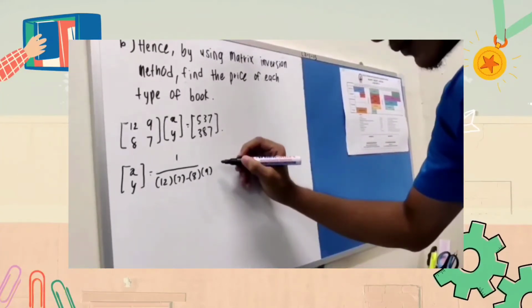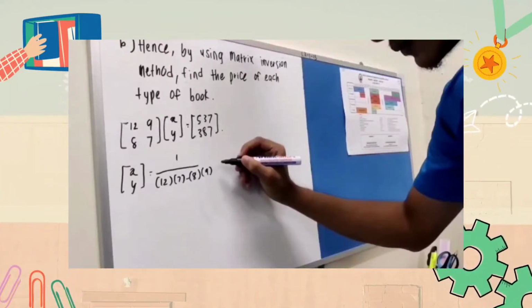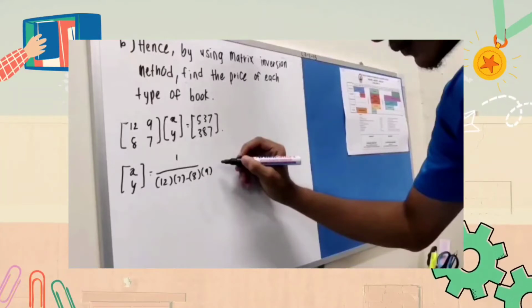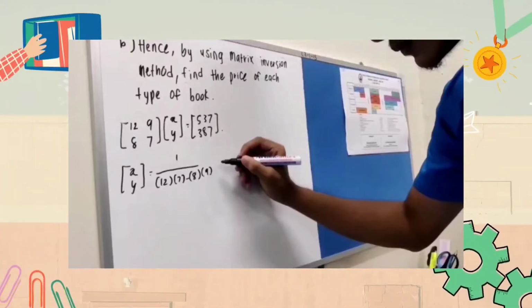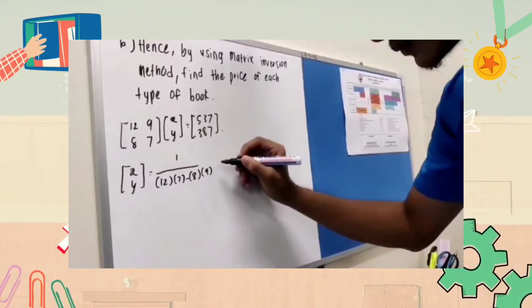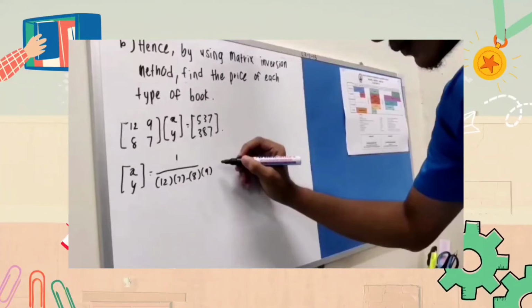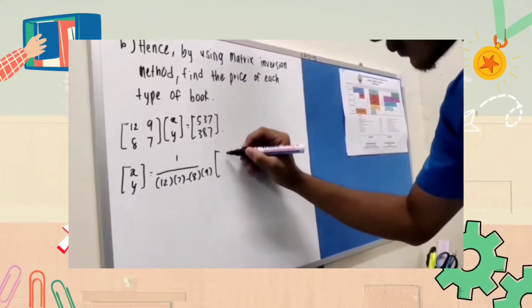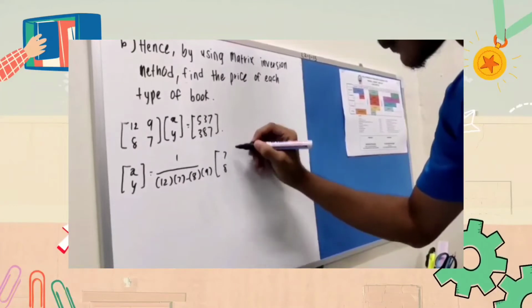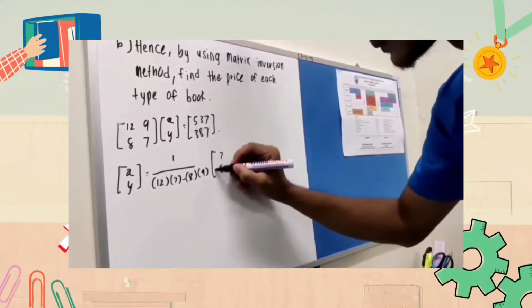Okay, we will put the numbers of A and D, which we change to 7 and 12, and B and C we will put a negative. The answer is 9 and 8. Okay, I will put the numbers 7, negative 8, negative 9, and 12.